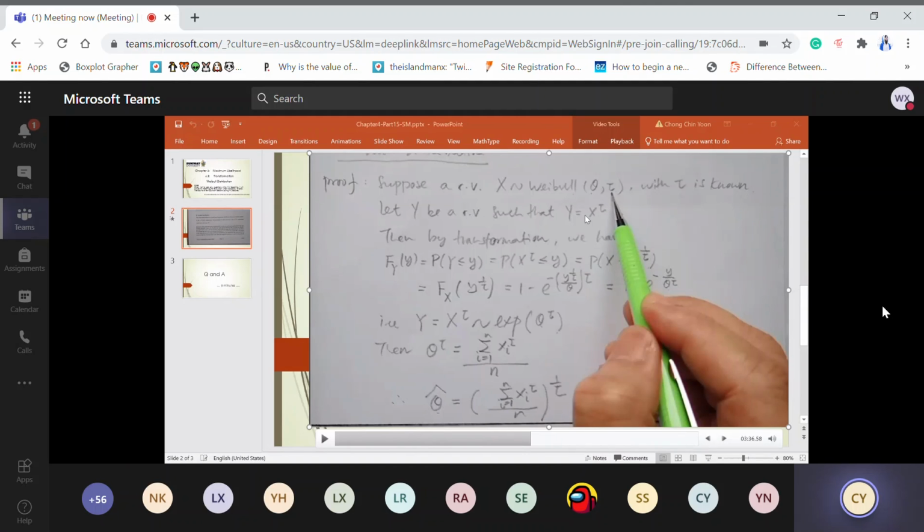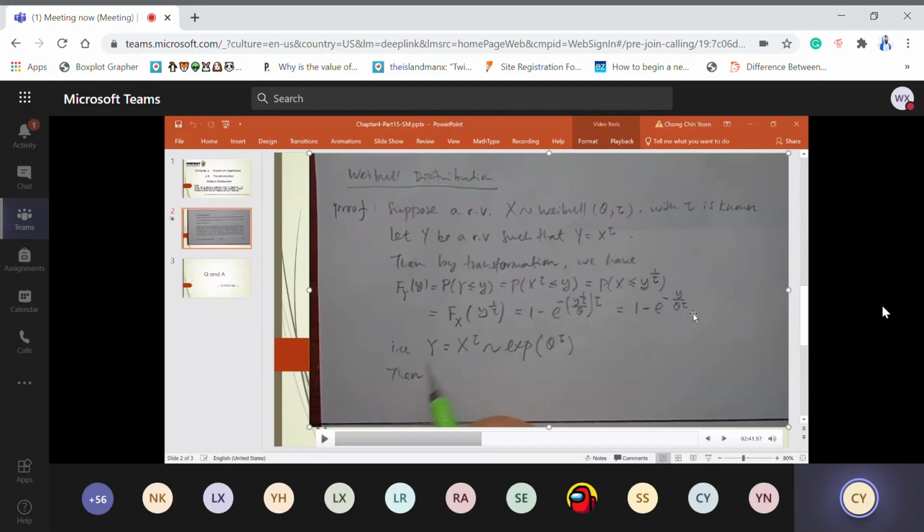This one you need not worry about: y equal to x power tau is given. So by using the CDF with respect to y, eventually you will get an exponential distribution. That means this x to the power tau is exponentially distributed with this parameter theta to the power tau.